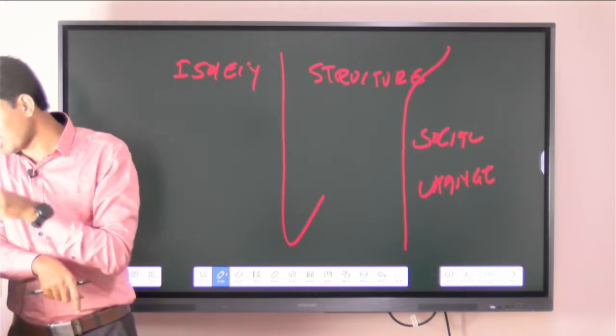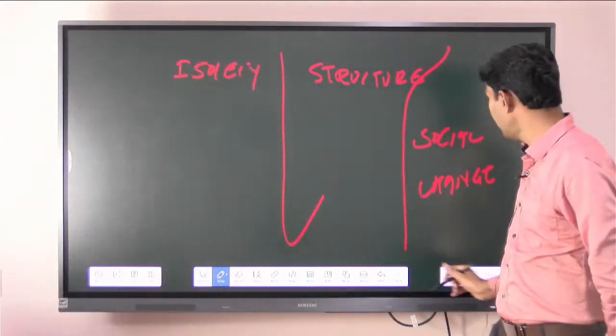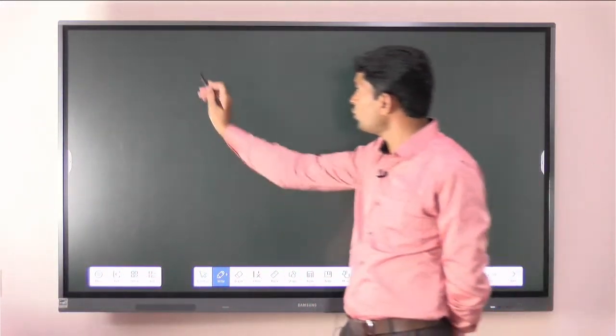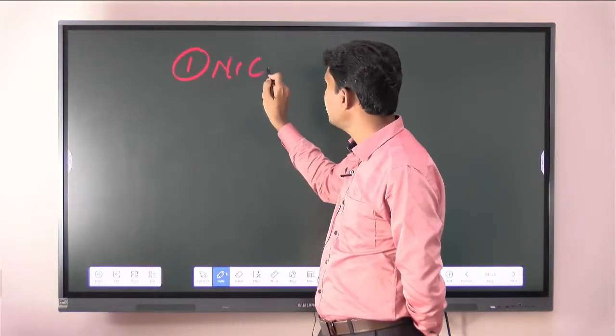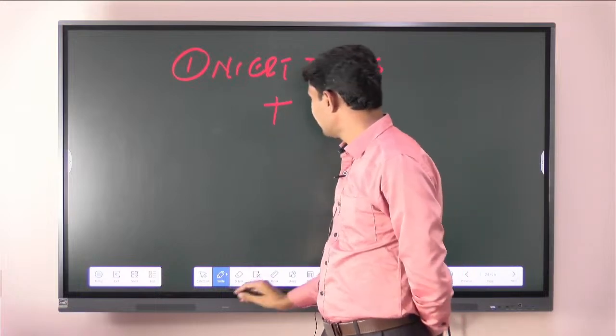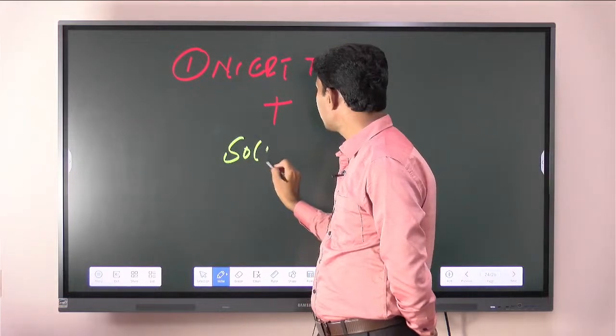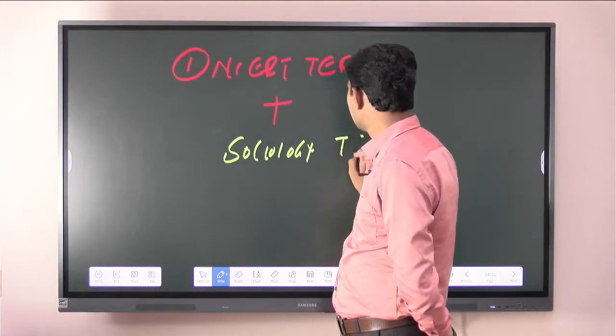What should we do? What is an aspirant supposed to do? Integrated preparation for paper 1 and paper 2. So first we will be doing NCERT, then I will be explaining sociology terms in paper 1.